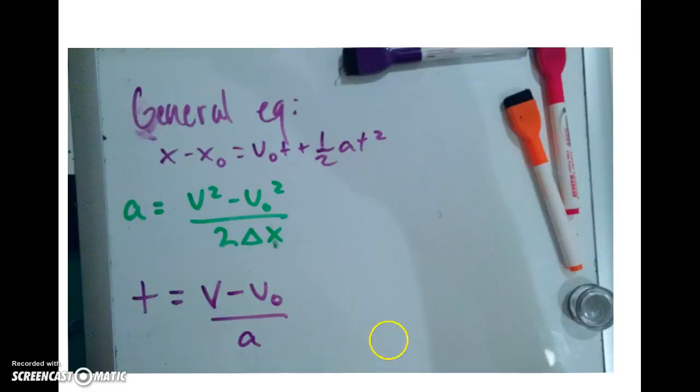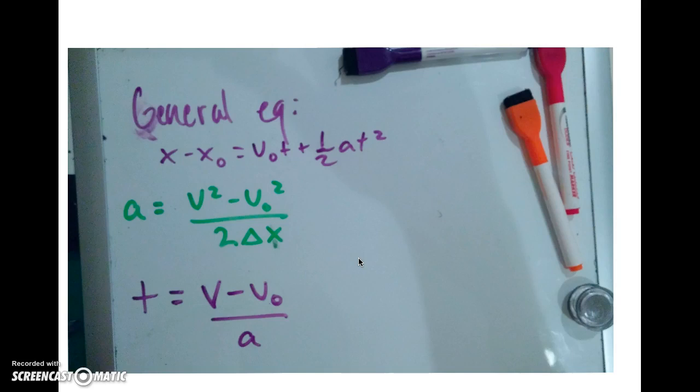And what equation 4 allows us to do is this right here. This is obviously the most simplified version of it, but it allows us to take final velocity squared minus initial velocity squared, all divided by 2 times delta x.